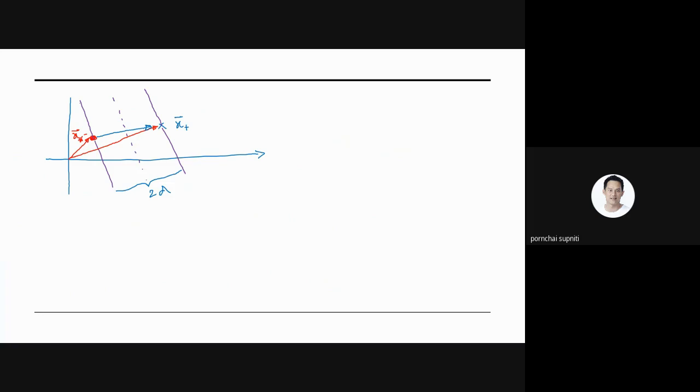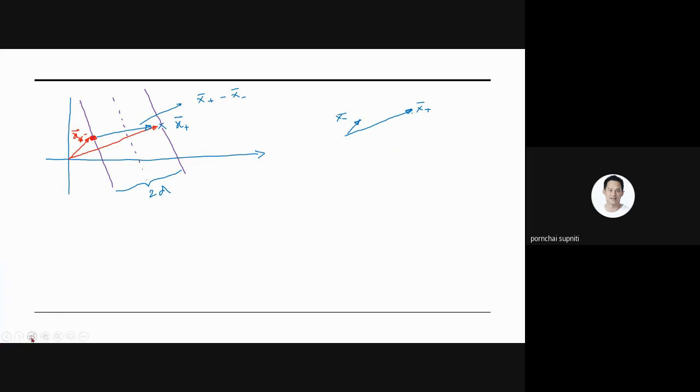This vector is going to be called x plus minus x minus. If you remember how to draw this vector, if you have x plus like this, and this is x minus, then to get x plus minus x minus, you can just draw like this.